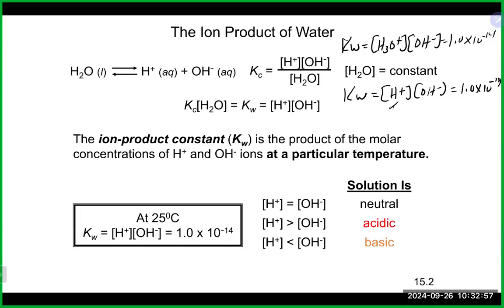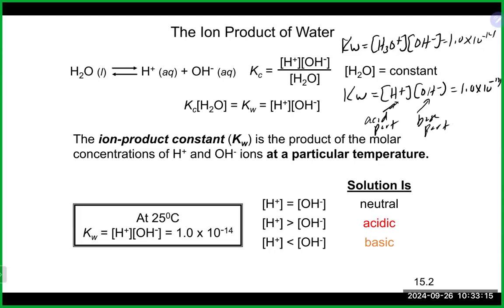I personally use H plus most of the time, but books will use H3O plus there. And it's really just the acid part. So you can think of the H plus or H3O plus as the acid part of the solution, and the OH minus is kind of the base part of the solution.